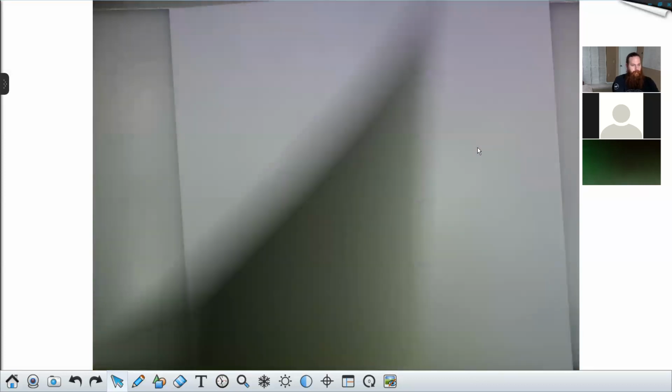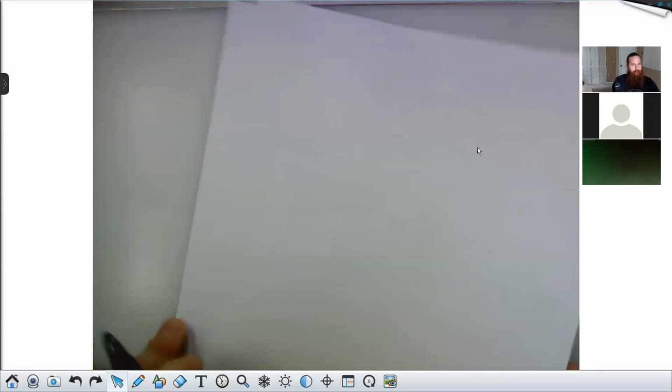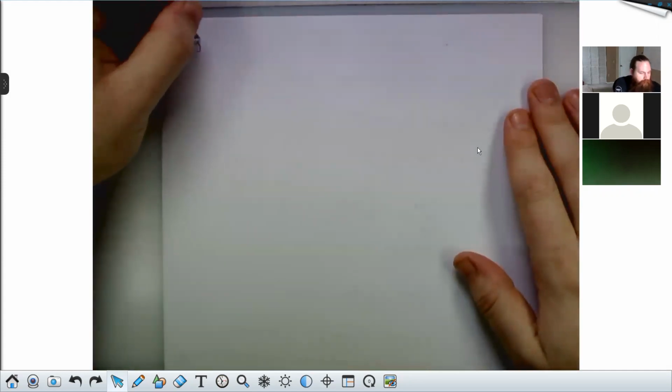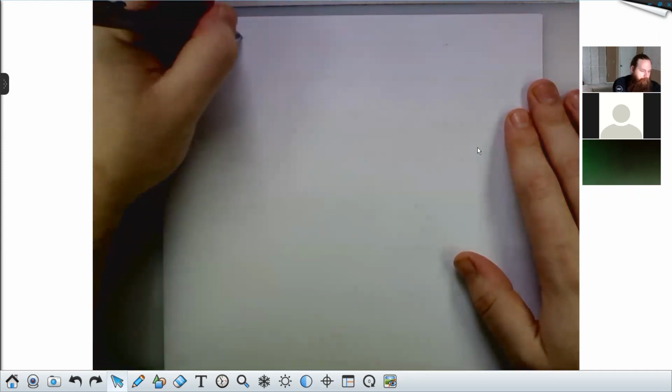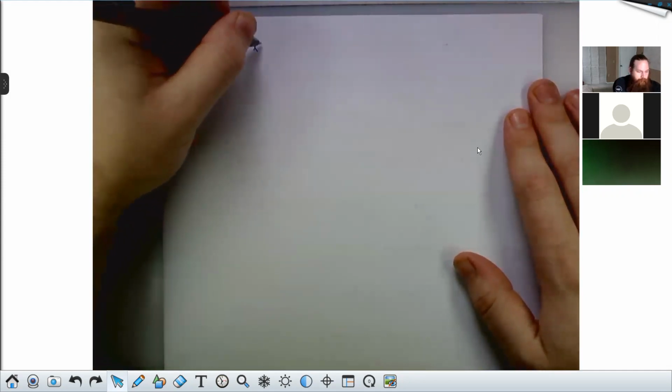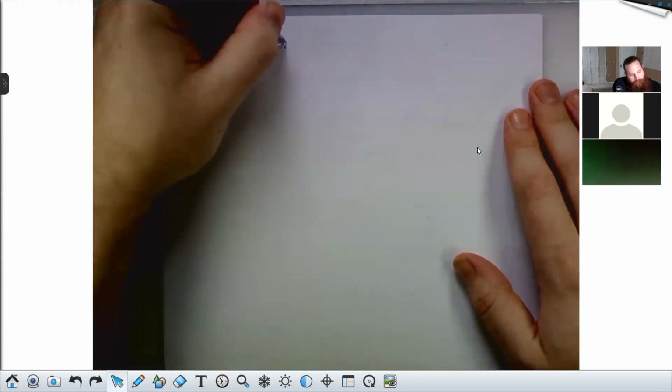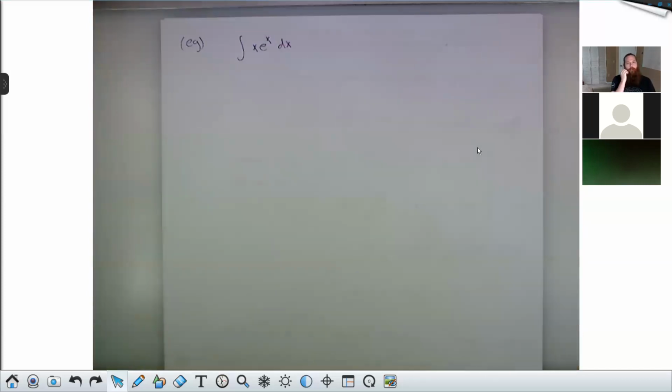There's a lot of stuff that we can't integrate yet. There are a lot of functions whose integrals we don't know how to calculate. In general, integrals are much, much harder than derivatives. A good first example here would be something like this.